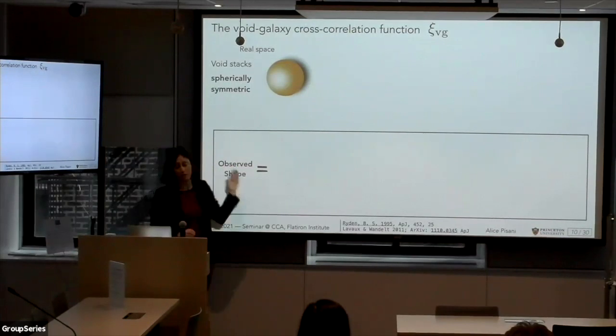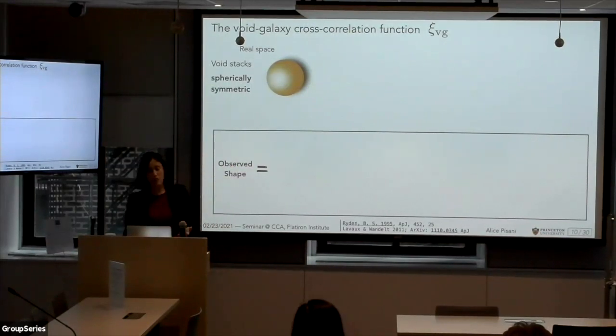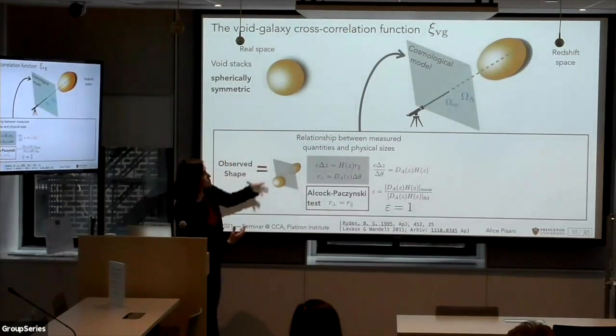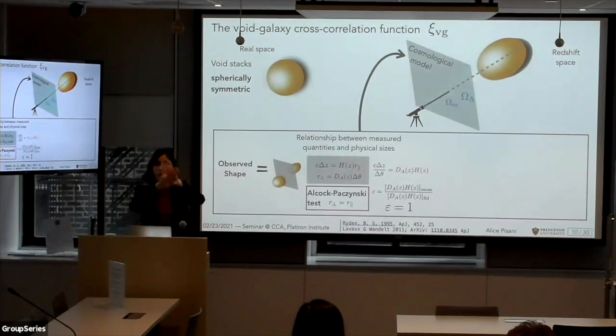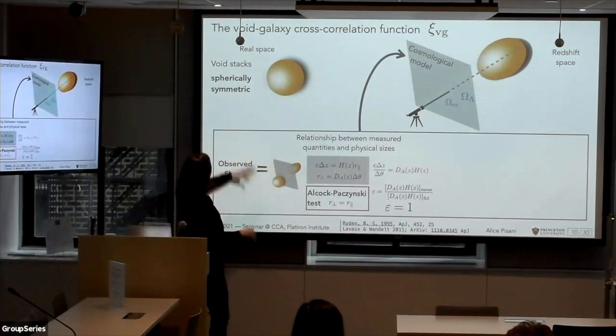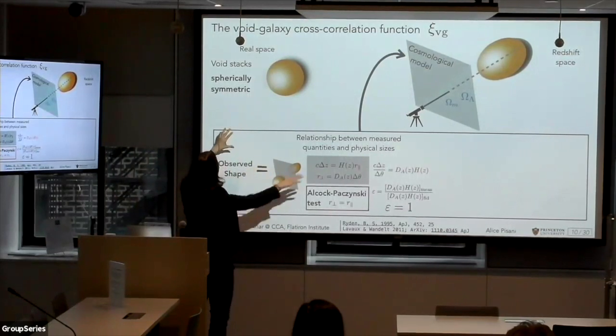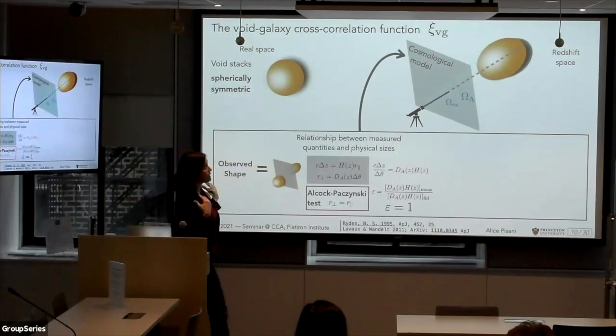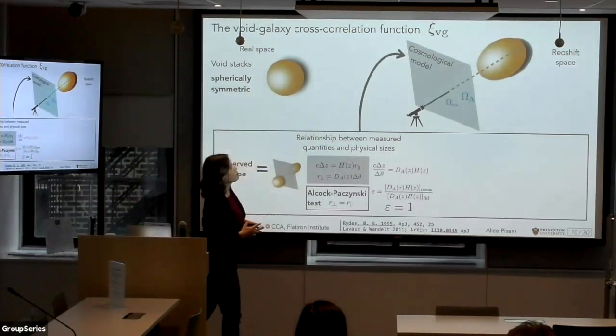We have observed space, and the observed shape will be distorted along the line of sight, something kind of like what we have right there, and this is because we observe angular coordinates and redshift along the line of sight. And the link between redshift space and real space, so the quantities that are going to provide us the link between these two spaces, are basically defined in terms of the cosmological model.